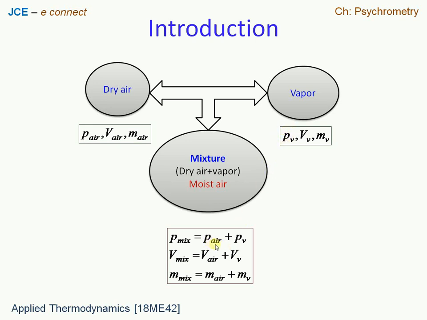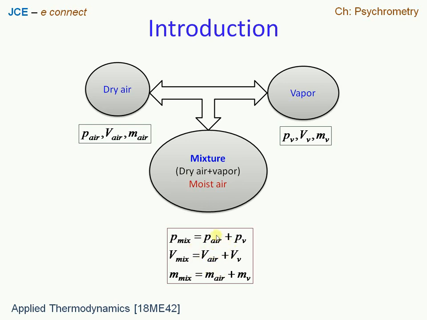Likewise for the volume, when we add these two, we get the volume of the mixture, which is the sum of the volume of dry air plus the vapor volume. Likewise, the total mass of the mixture is equal to the sum of the mass of dry air plus the mass of vapor.